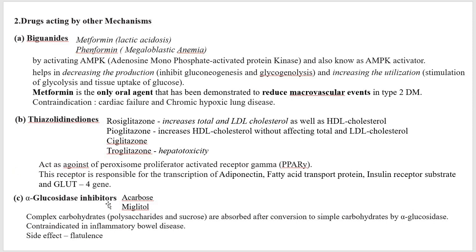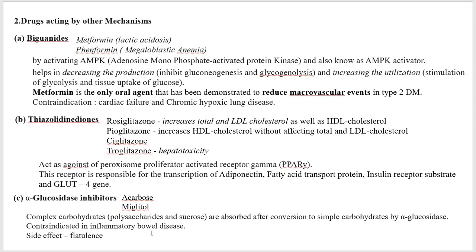Okay, so here for the different mechanisms, one drug acts by activating AMPK, second drugs act on the PPAR receptors, third drugs inhibit the glucosidase enzyme. That glucosidase enzyme is responsible for the conversion of complex carbohydrate into simpler monomolecular carbohydrate, and that conversion is catalyzed by alpha glucosidase.